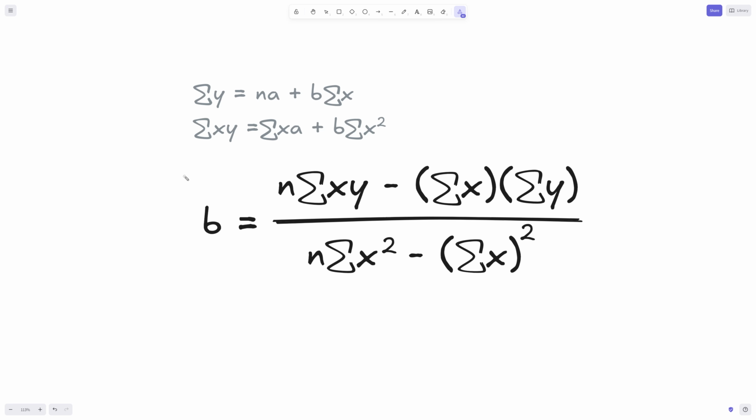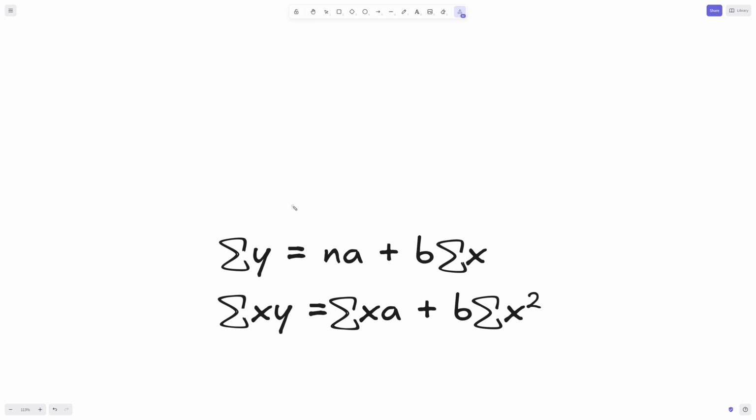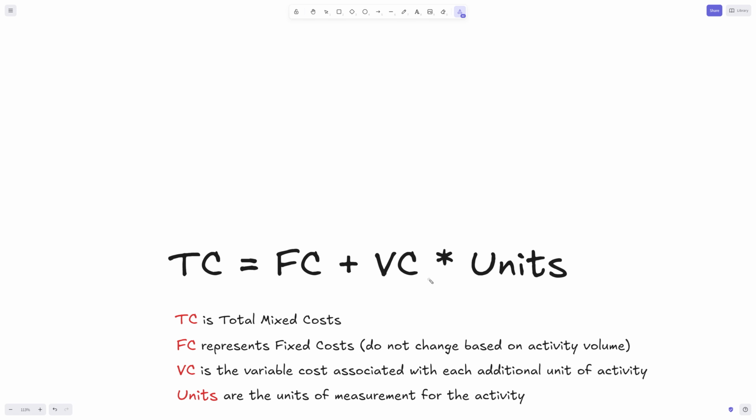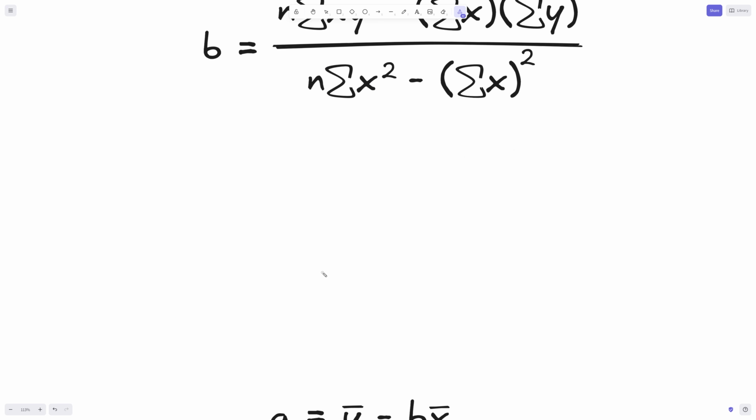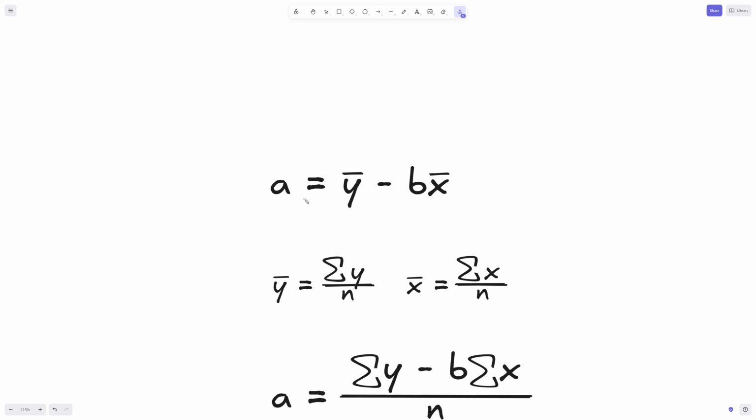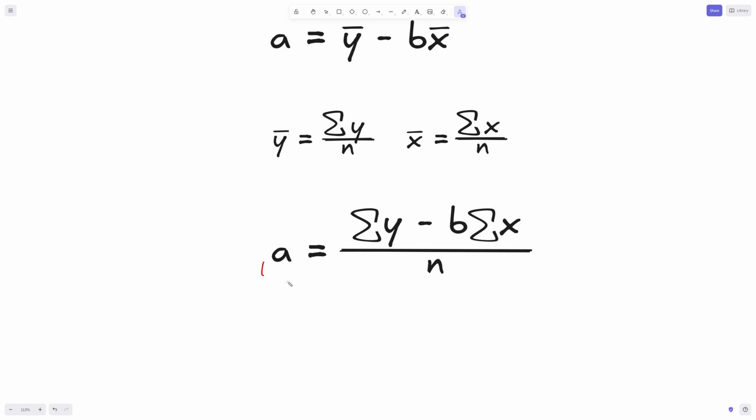And once we know B, which only requires the two variables, X and Y, from the observable data set, and this will all make sense in just a second, as soon as we have B, which is our variable cost, from the equation up here, then we can use this B to calculate A. And A uses the means here, so the simple averages, which results in this equation for A representing our fixed costs.